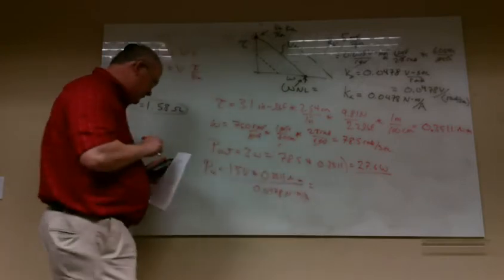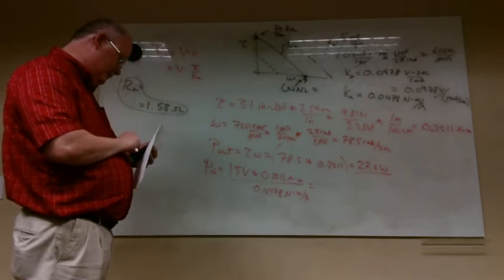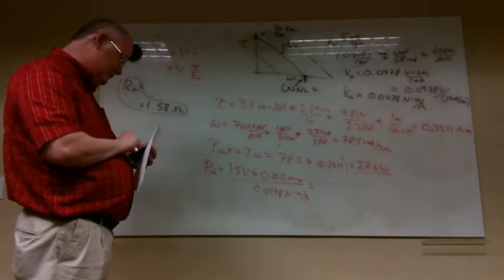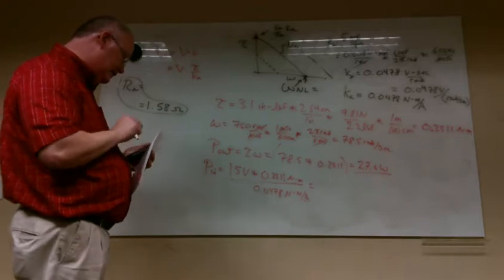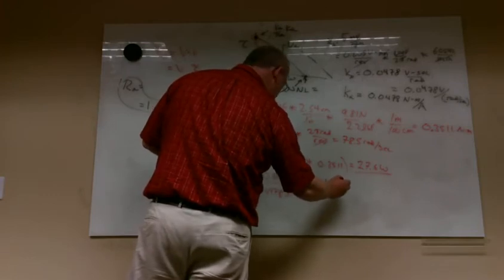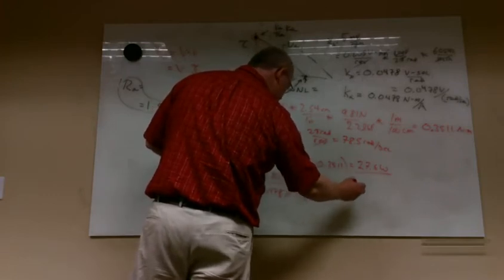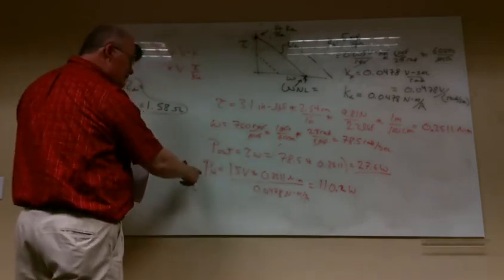So let's see, I go 15 enter, 0.3511 times 0.0478 divided by, is 110.2 watts. Okay, P out divided by P in.